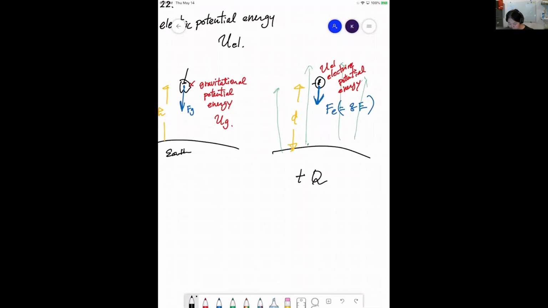So let's say if you do a work against the electric field, what happened to the electric potential energy?